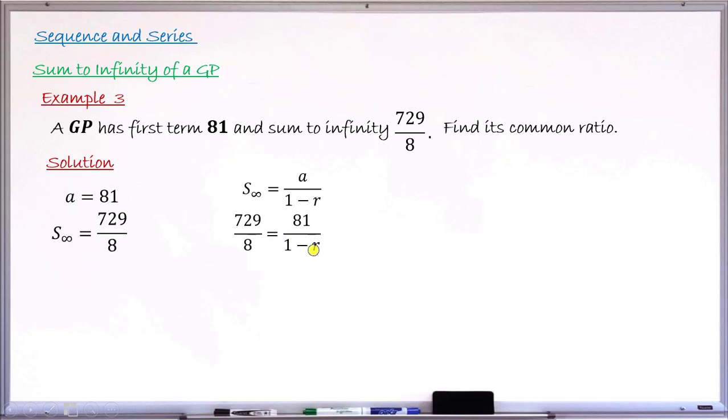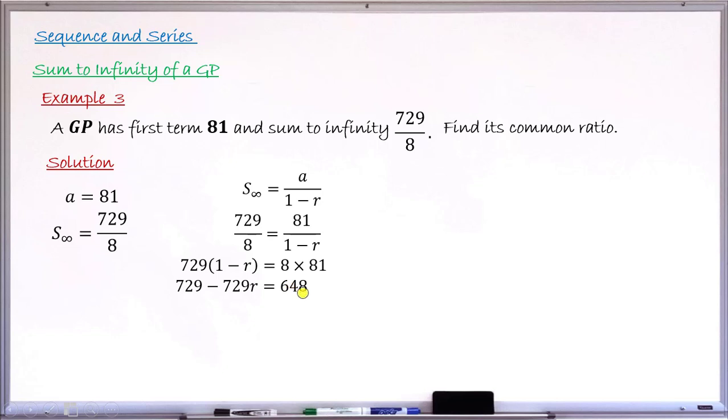So I'll now cross multiply. There I'm going to have 729 times (1 minus r) equals 81 times 8. So I'll now expand this bracket. 729 times 1 gives you 729, and 729 times minus r gives you minus 729r, equals 8 times 81, which gives you 648.